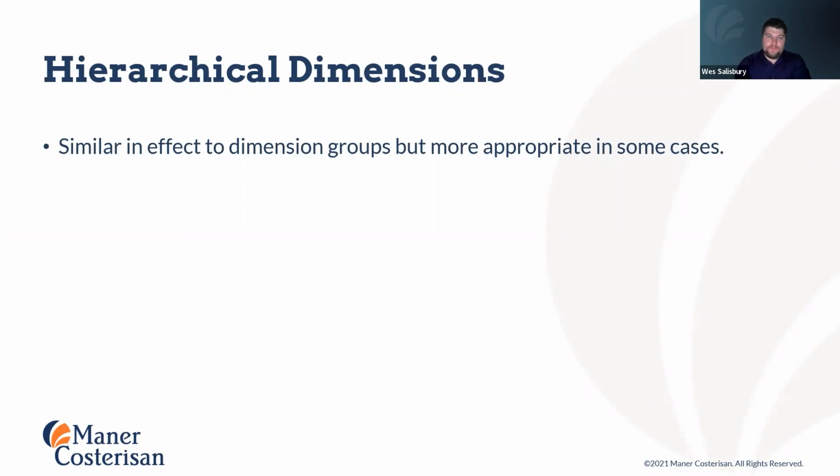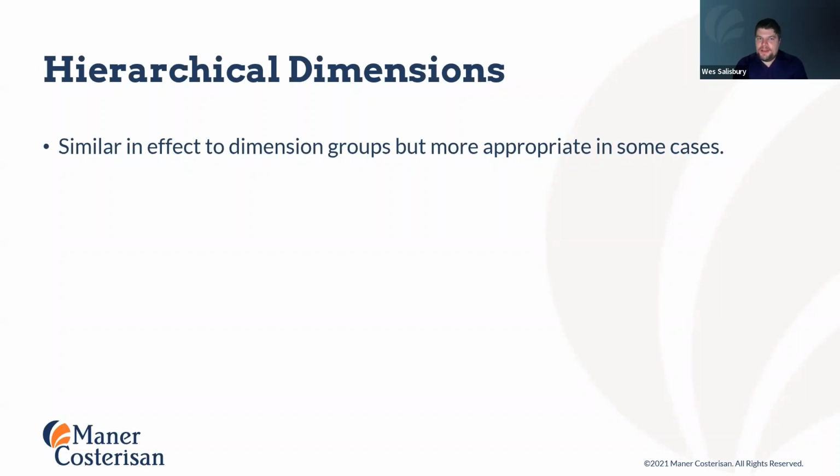With dimension groups, we say the West Michigan dimension group is picking up these 5 West Michigan locations. But with a hierarchical dimension, you can do something similar, where you roll up 5 of those West Michigan locations into a West Michigan parent dimension.